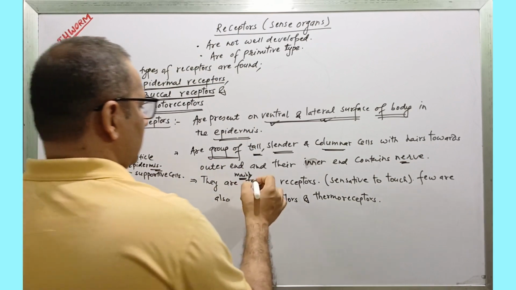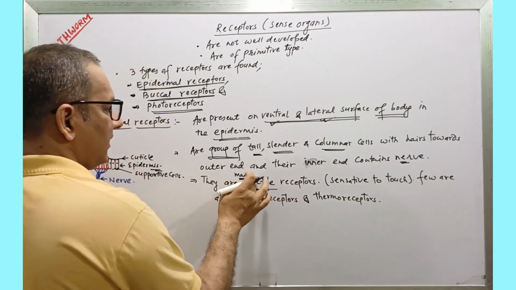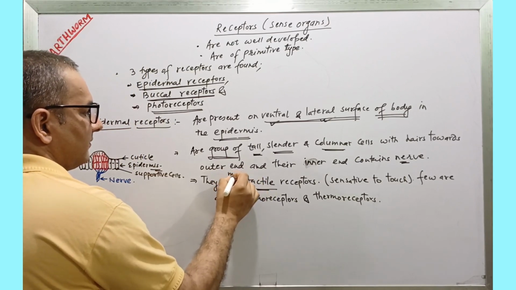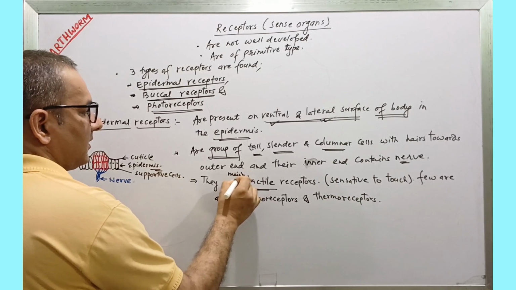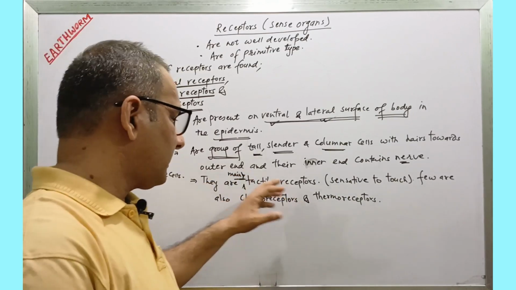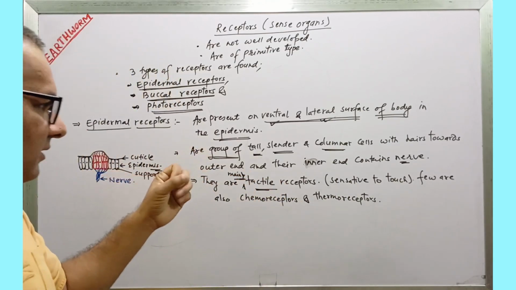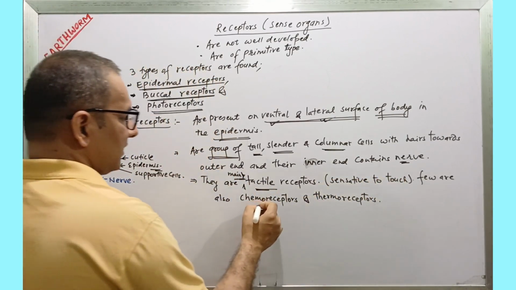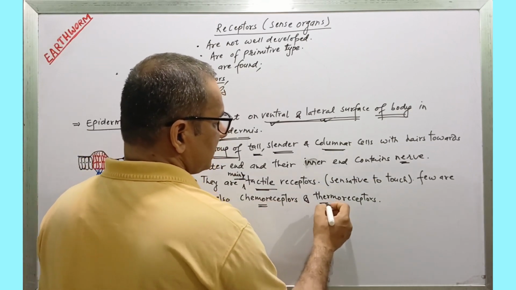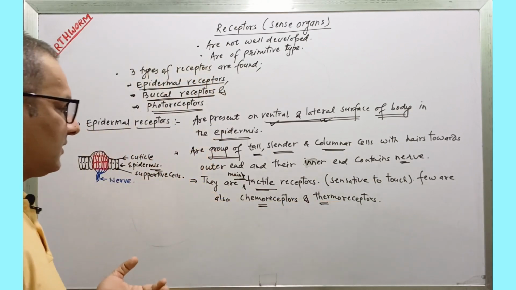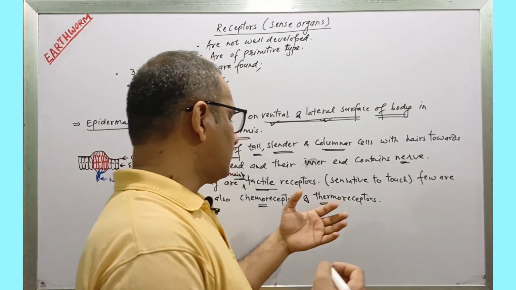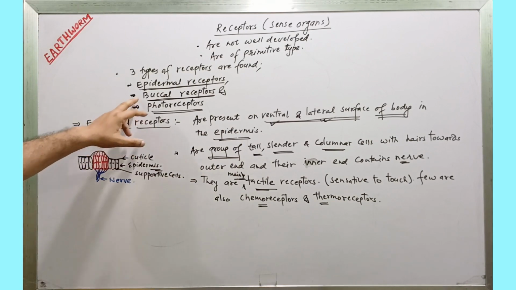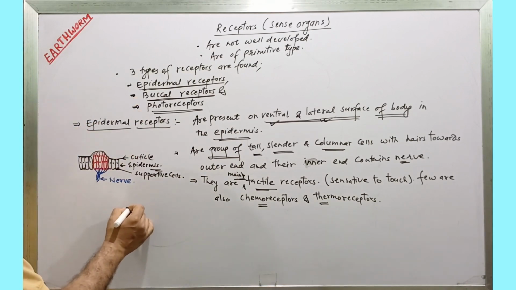They are mainly tactile receptors, responsible for the sensation of touch, and few are also chemoreceptors and thermoreceptors. Chemoreceptors receive the stimulus of chemicals, thermoreceptors receive the stimulus of temperature. So this is about epidermal receptors. Now, the next type is buccal receptors.